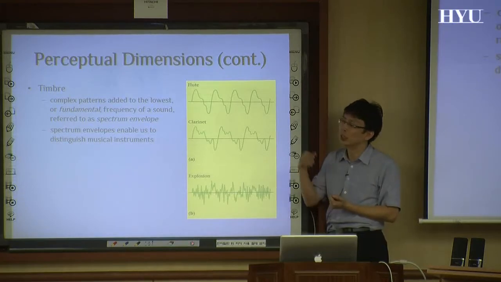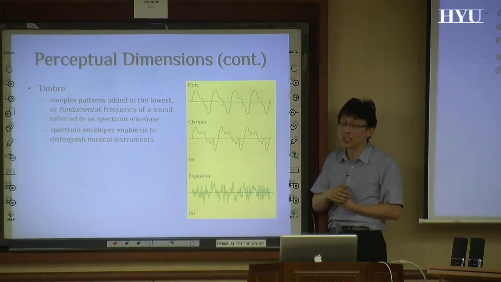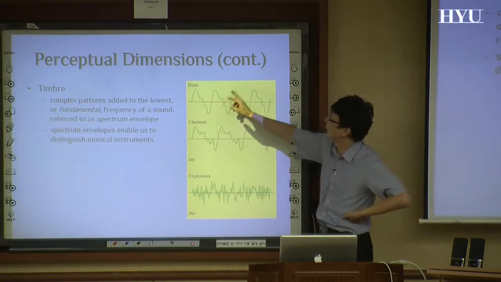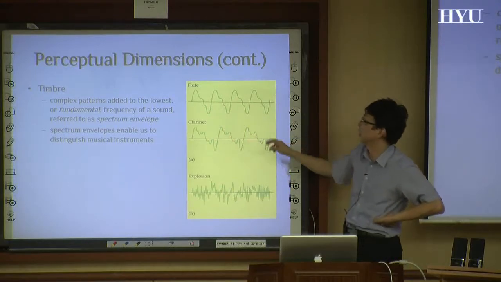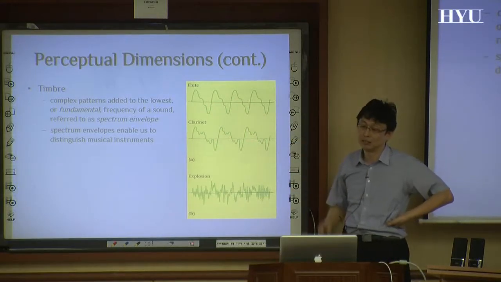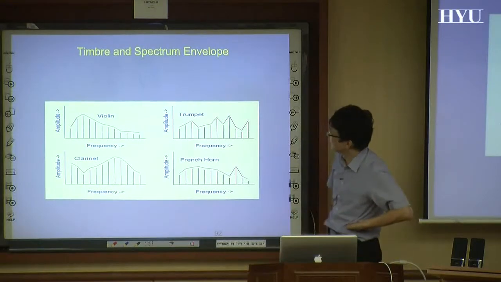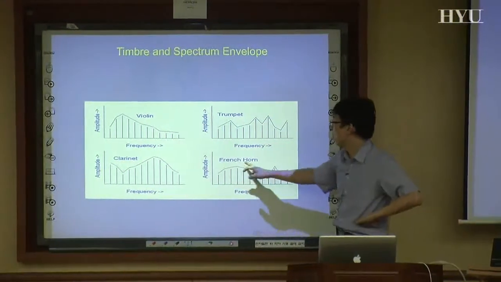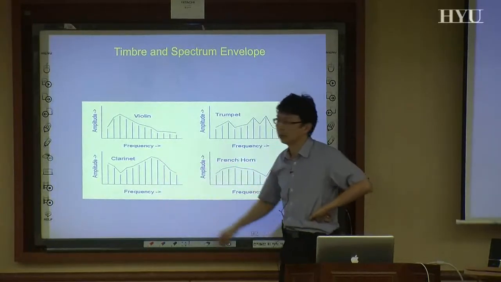How come? That's why some people suggest there might be timbre. So when you look at the waveforms, flute looks like that, and clarinet looks like that. See? More examples: violins, trumpet, horn, clarinet.